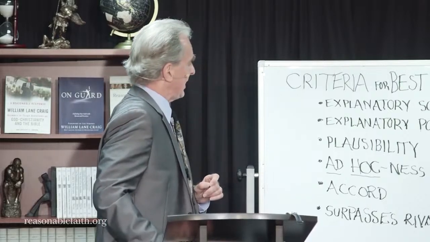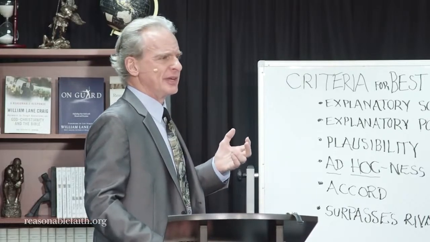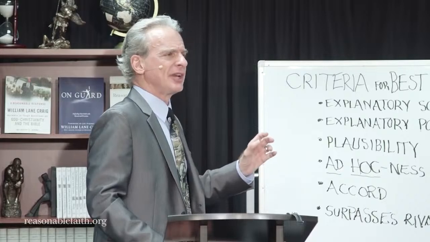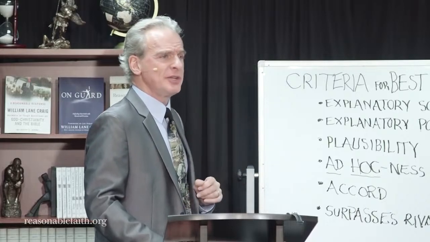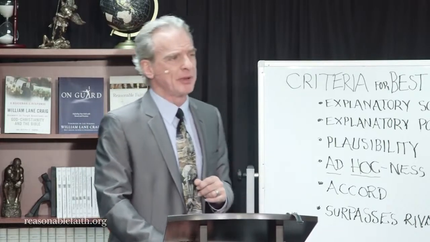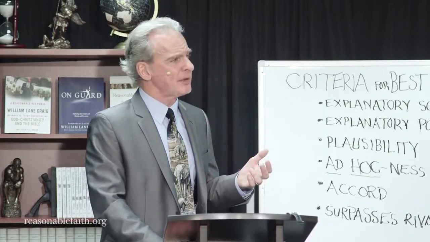Number 5 would be ad hocness, that is to say the degree of contrivedness, the degree to which the hypothesis has to postulate certain things for which there is no independent evidence. And then accord with accepted beliefs. To what degree is the hypothesis in accord with widely accepted beliefs? To what degree is it disconfirmed by accepted beliefs? And then finally, does the hypothesis surpass its rival hypotheses in meeting the above conditions?